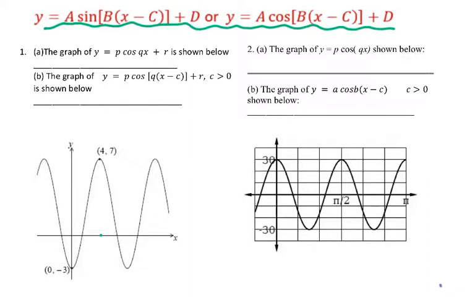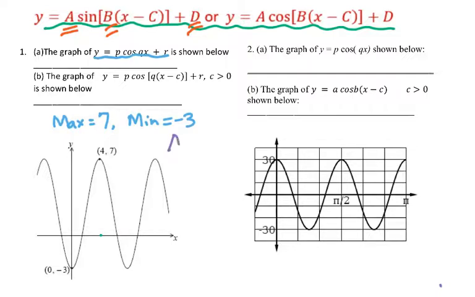When you're working for A, B, and D, ignore this given pattern. So first step, we need to figure out that maximum value. That's 7. Minimum, that equals negative 3.